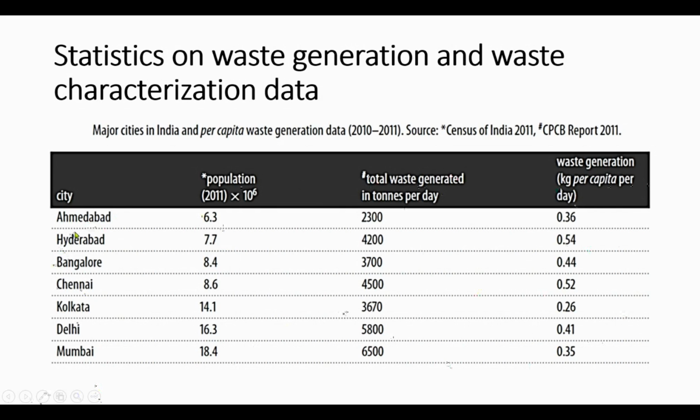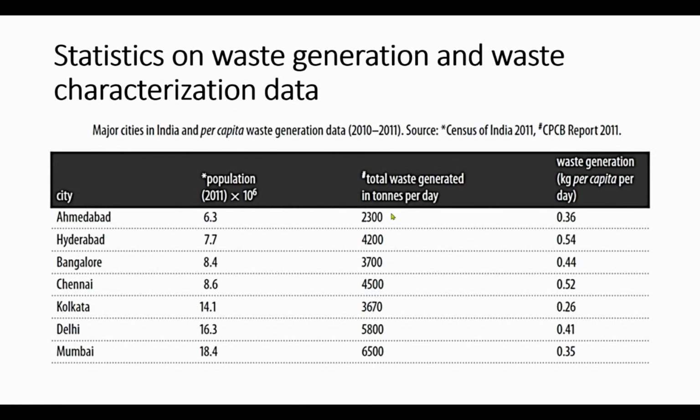Here we can see the population, though right now there will be different values. But the total waste generated in tons per day: in Ahmedabad more than 2000, about 2300. In Hyderabad it is more than 4000. In Bangalore it is more than 3000. In Chennai more than 4000 tons per day.